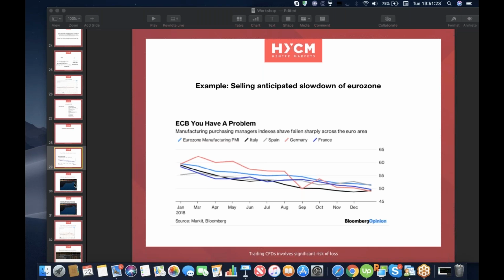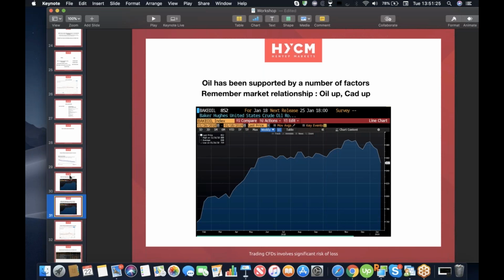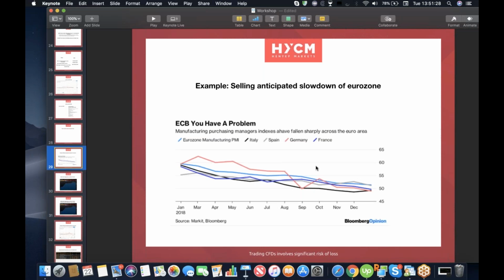We had very slow growth coming out of the Eurozone, and Germany had some PPI manufacturing data out yesterday. It was bad, and many commentators are talking about this. The Eurozone is slowing down, but the central bank doesn't seem to be reacting.